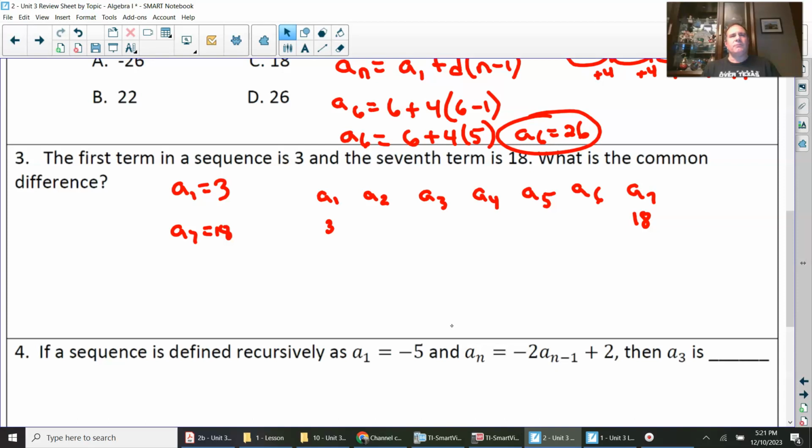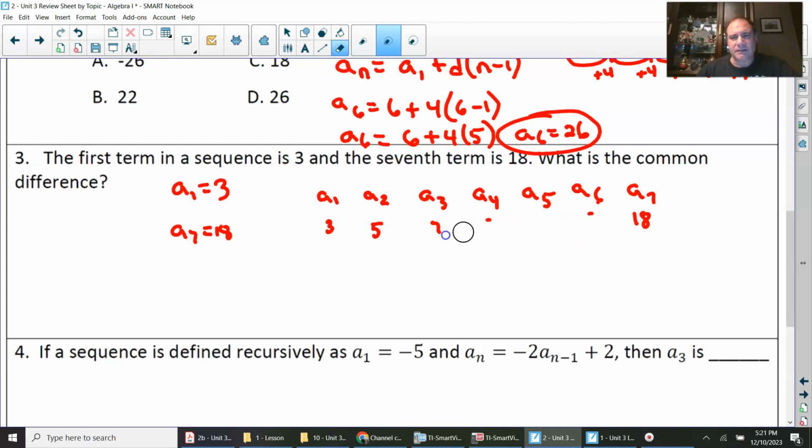It has to be low. The jumps have to be created where it gets to 18 in 1, 2, 3, 4, 5, 6 jumps. So I'm going to just start with 2: 2, 4, 6, 8, 10, 12, 14. 2 is not good.